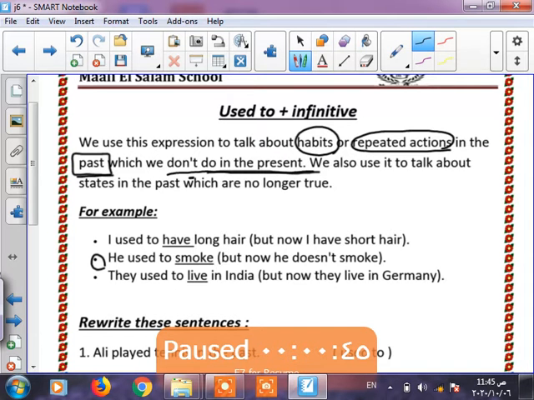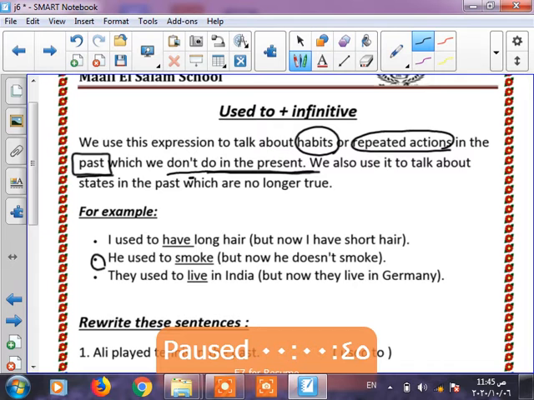When I say she used to ride a bike in the past, it means that she rode a bike in the past, but now she doesn't ride bikes. So, number one, we use used to talk about habits and repeated action in the past, and we don't do this action at the present.